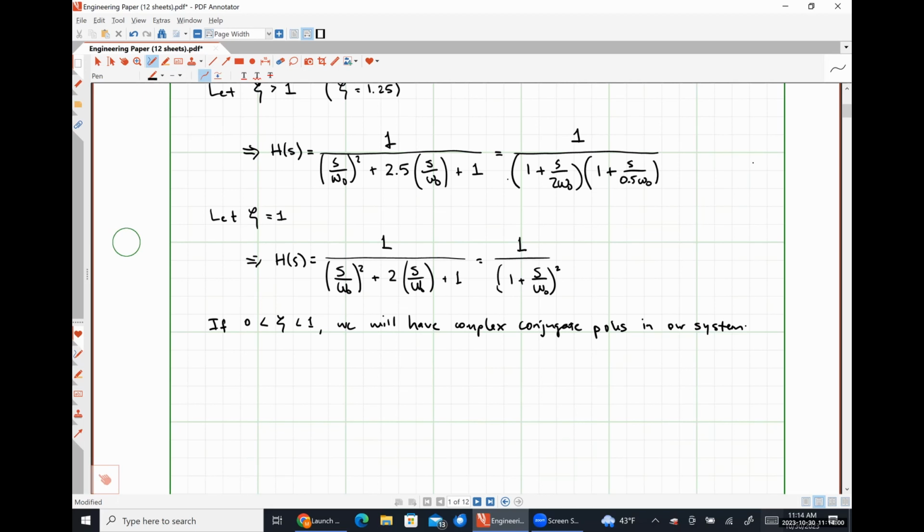So let's look at what our transfer function is going to look like specifically here, right? So I'm going to look at h of j omega. So I'm simply substituting in s is equal to j omega. For every other instance that we've had, we didn't really need to do this.